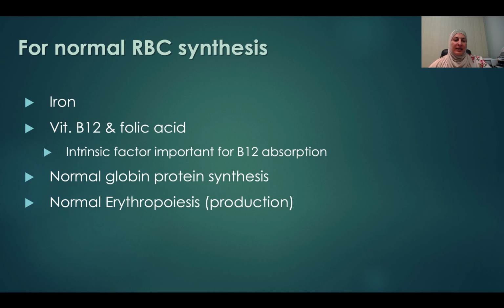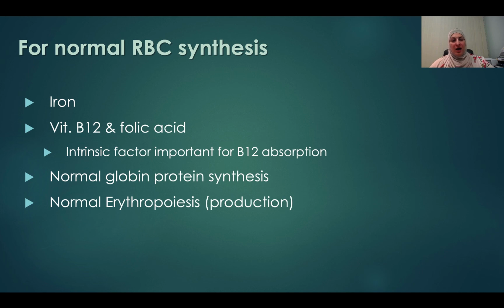Also, we need normal globin protein synthesis, and this requires normal genes that are responsible for synthesizing the globin proteins, and normal nutrients, normal proteins that make the building blocks of the globin protein. Also, we need a normally functioning bone marrow that can produce normal red blood cells.